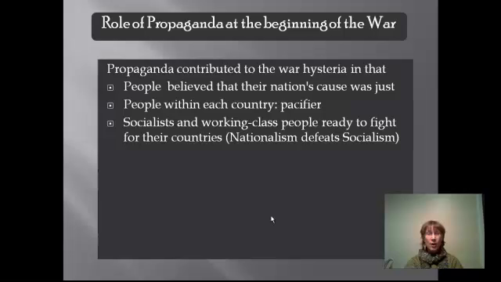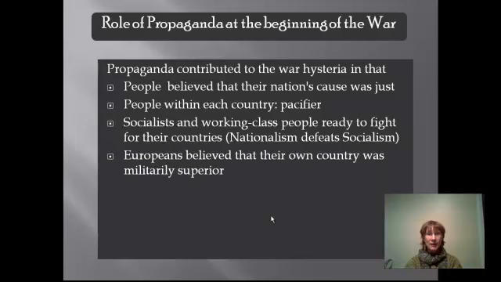Prior to the war, when the propaganda machine started, it contributed to nationalism in such a way that socialism went to the background. The ex-socialists now are ready to fight for their country. So nationalism has defeated socialism.